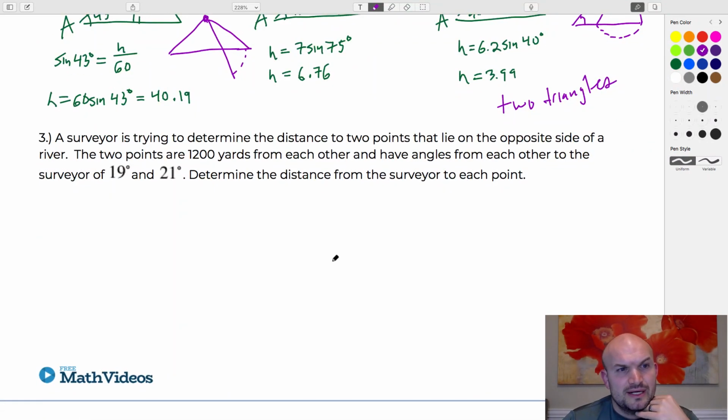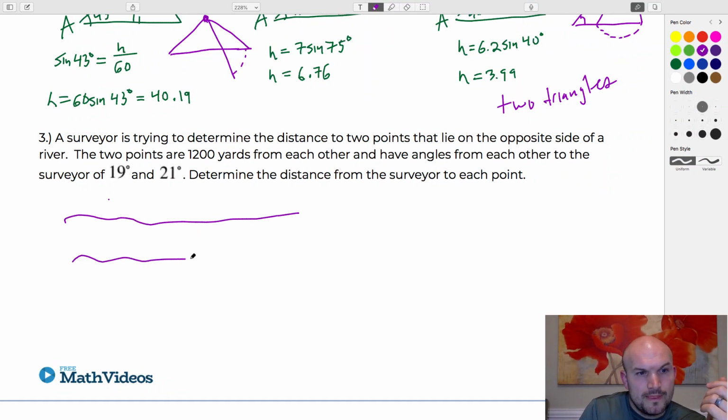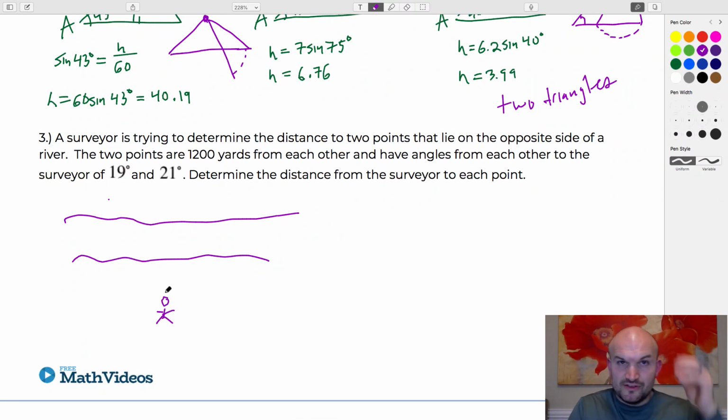All right, so the last one here for the word problems is: a surveyor is trying to determine the distance to two points that lie on opposite sides of a river. So let's go ahead and draw a river, and let's draw a surveyor. We'll take the bird's-eye view, and the two points are 1,200 yards apart.